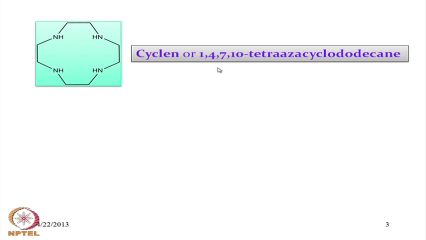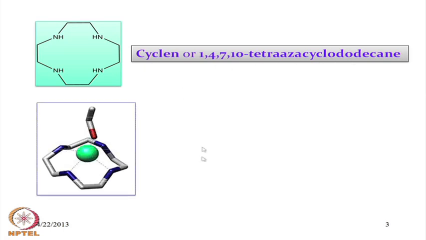In tacn we have 9 atoms in the backbone, that is why the nomenclature ends with nonane, and this ends with dodecane.